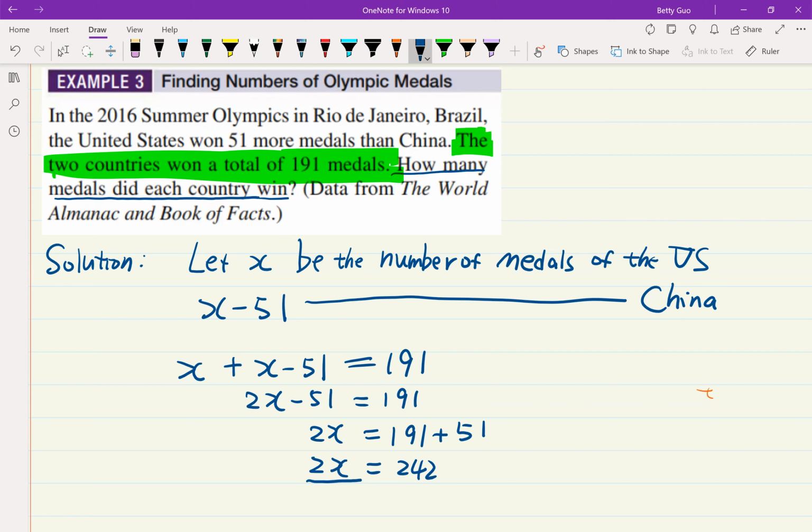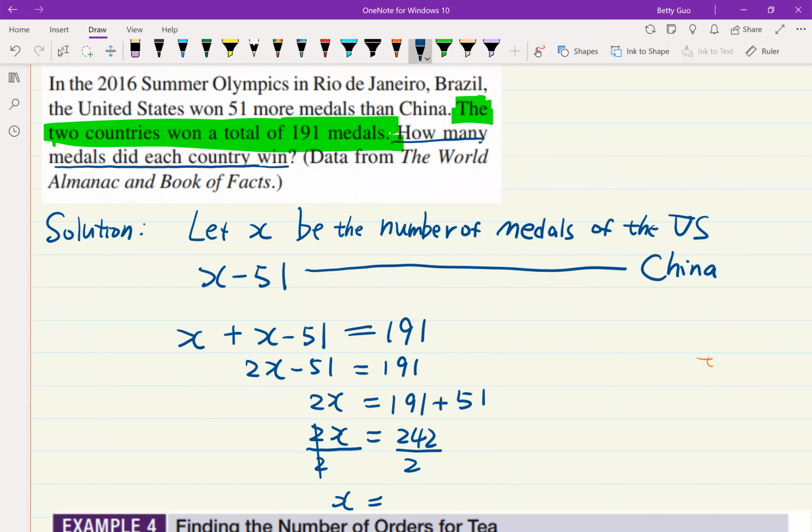Divide by 2. Are you guys with me? Everybody's awake, right? Divide both sides by 2. So we have X isolated. On the right, what is 242 divided by 2? 121, correct? It's the same as your answer earlier.